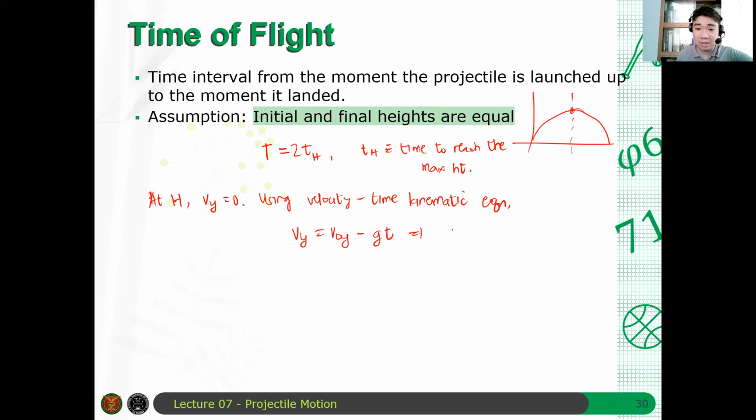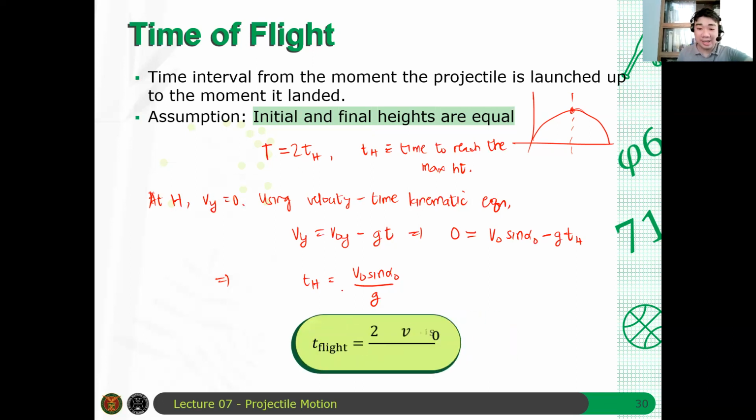And at H, this is 0 equals v naught sine alpha naught minus g t_H, where t_H is the time at maximum height. Therefore, t_H is just v naught sine alpha naught over g. And hence, since the total time of flight is twice this, we get the expression with a factor of 2: 2 v naught sine alpha naught over g.